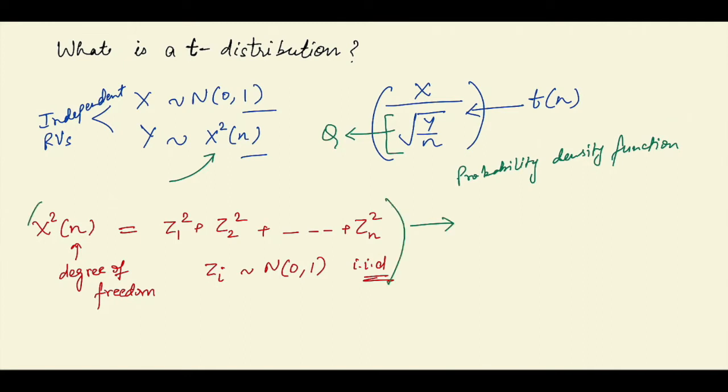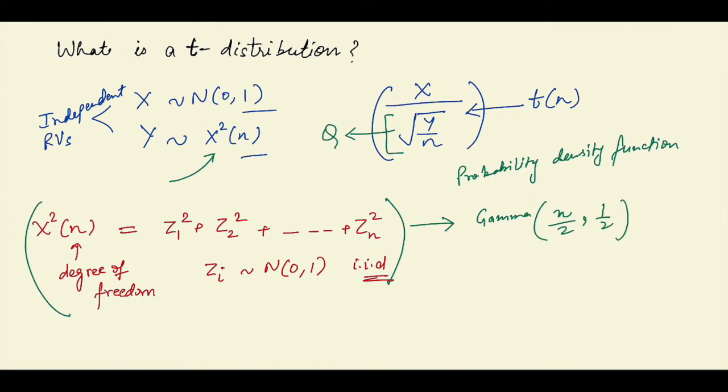For those who are not familiar with it, it would be good to know that the chi-square distribution with n degrees of freedom has the same distribution as the gamma distribution with parameters n by 2 and half.